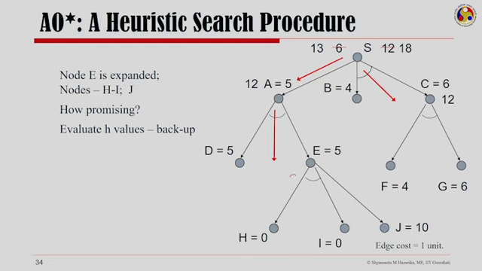So, on this side it is 2 and on this side it is 11. So, we will rather have this path. That is what is done in the algorithm.